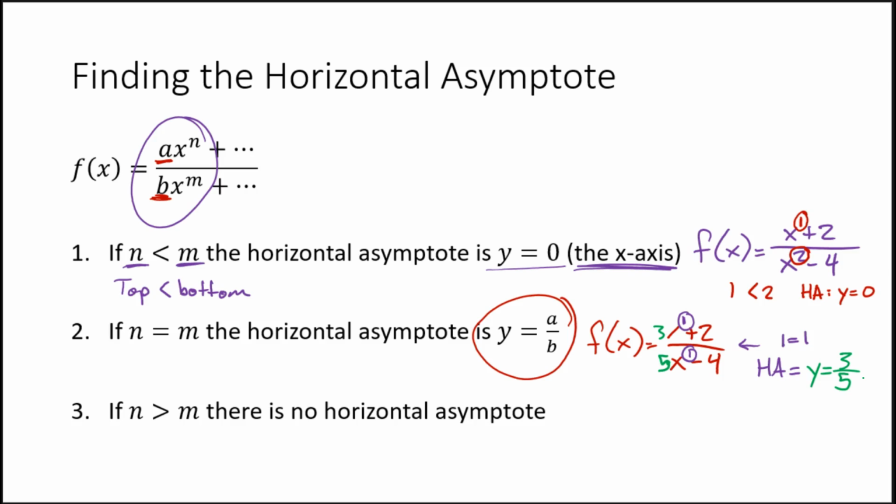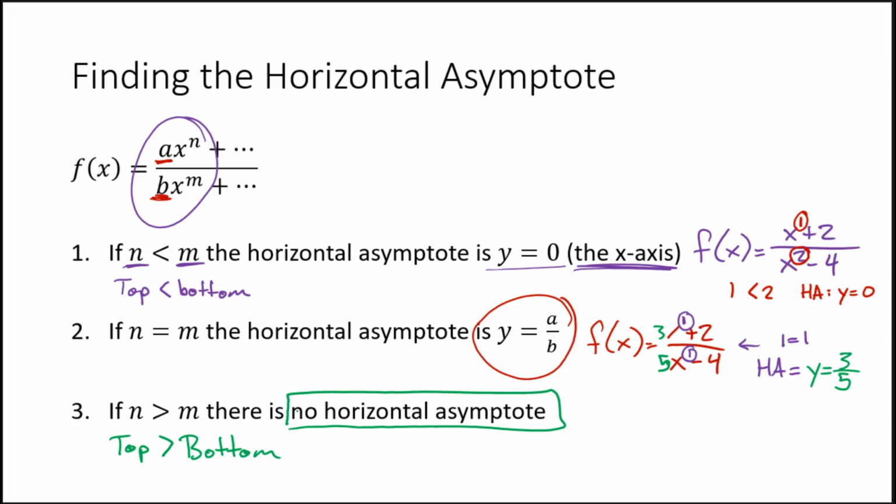Case number 3. If the power in the numerator, so the top power, is greater than the power of the denominator, then there is no horizontal asymptote. We actually have what's called an oblique asymptote, but we're not dealing with that in this class, so there's no horizontal asymptote.